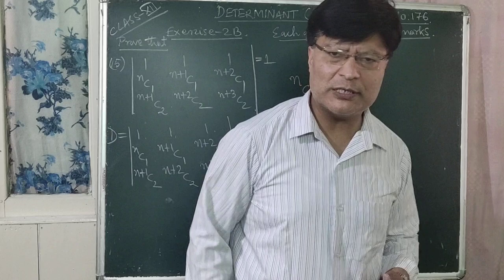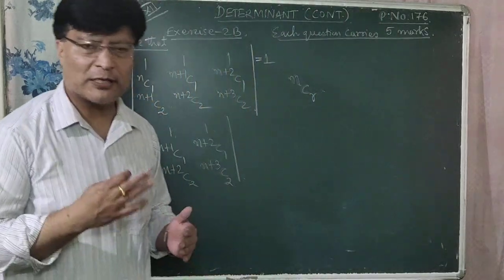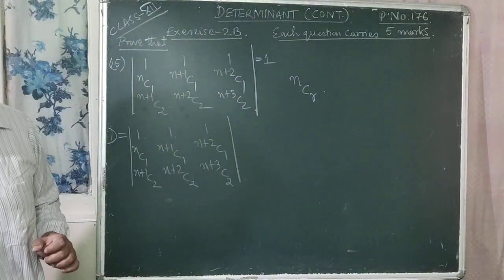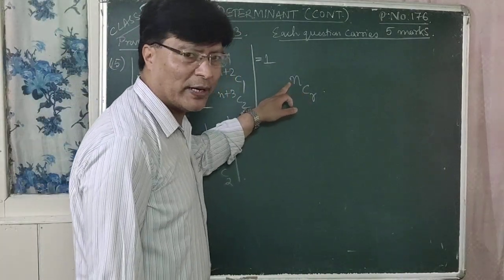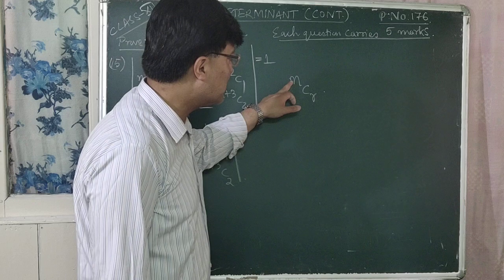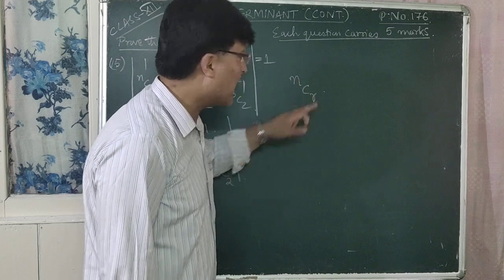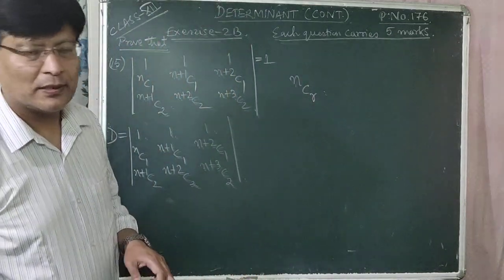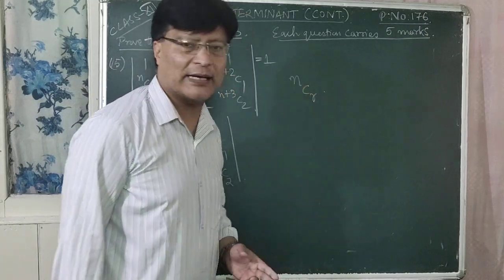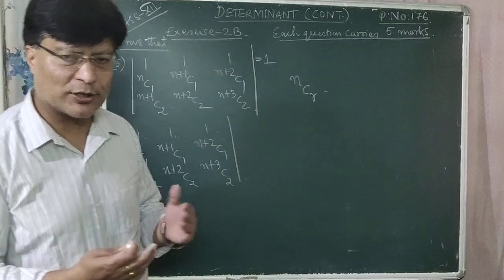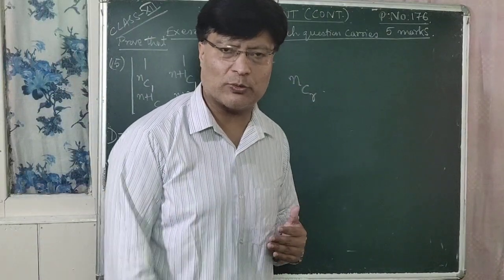So what is meant by combination? It is an arrangement. Combination means it is an arrangement, right? So in this case, in how many ways can you arrange these n things taken r at a time? That is in combination as well as in permutation, isn't it?